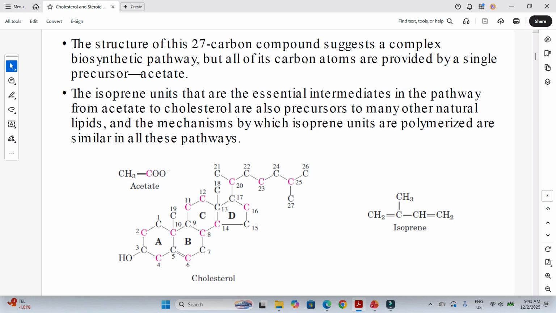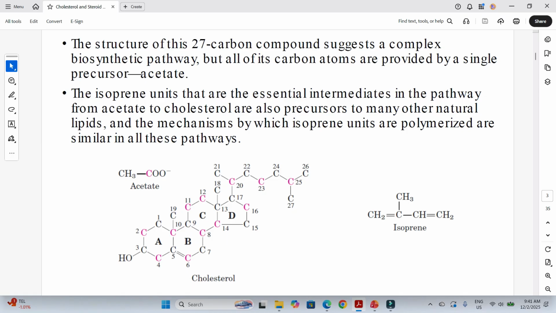Okay, now the acetate, of course, that serves as precursor for cholesterol biosynthesis is acetyl-CoA, not acetate itself, but acetyl-CoA and related molecules.